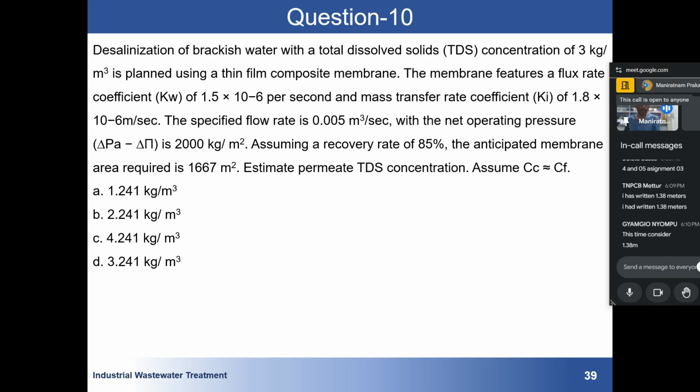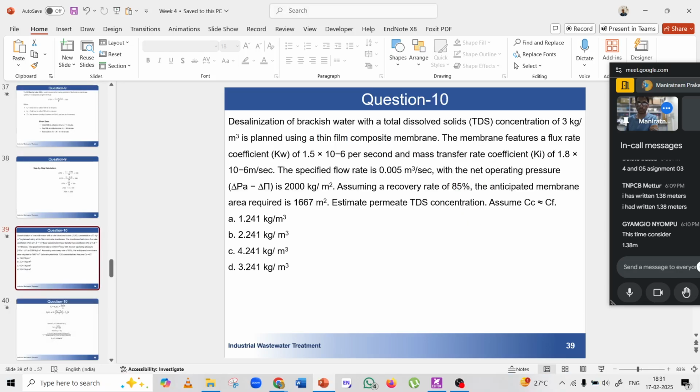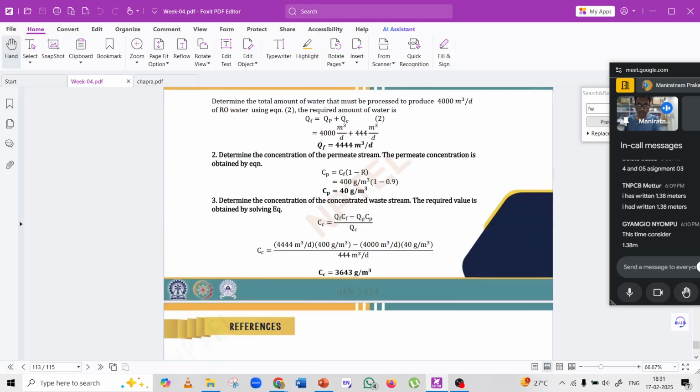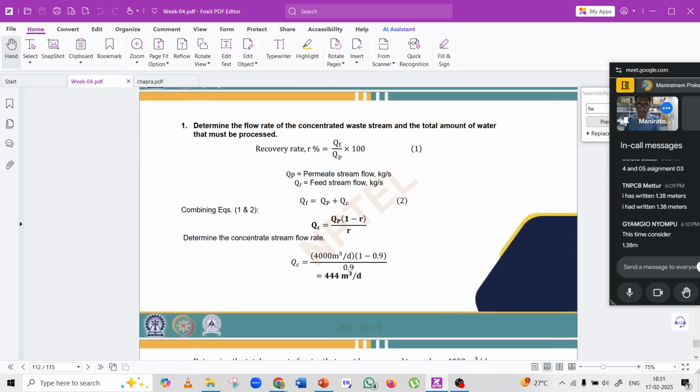Estimate the permeate TDS concentration, meaning the TDS concentration in the permeate. Initially this was the feed, and this is like the final TDS, you can also say. Again, this is from your book also.